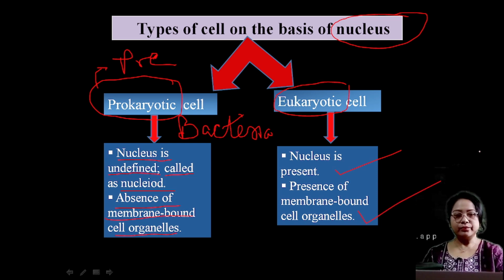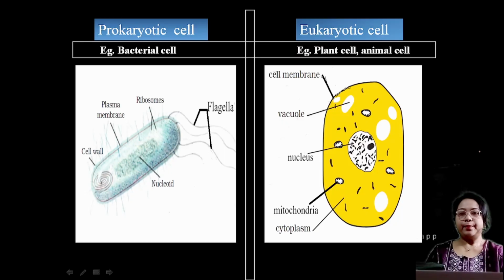Let us see, for example, as I already told, bacterial cells are prokaryotic cells, and they were the first organisms that were found when the earth came into being. Those bacterial cells have the plasma membrane. Here they have the cell wall as the outer covering. Then they have the nucleoid.